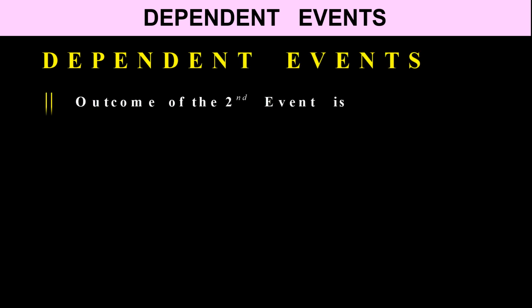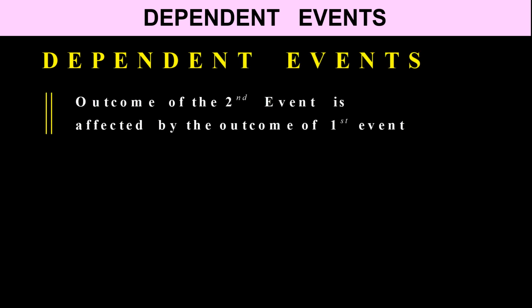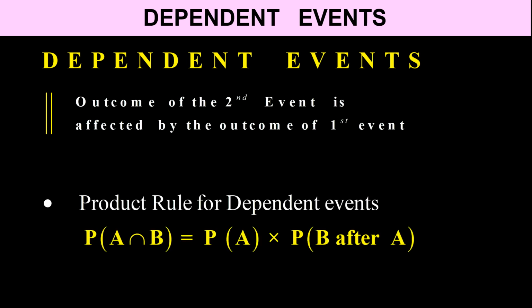Now let's consider the concept of dependent events. The outcome of the second event is affected by the outcome of the first event. So in other words, the product rule for dependent events is going to be slightly modified now. The probability of A and B is the probability of A, the first event, times the probability of B after the first event has occurred.